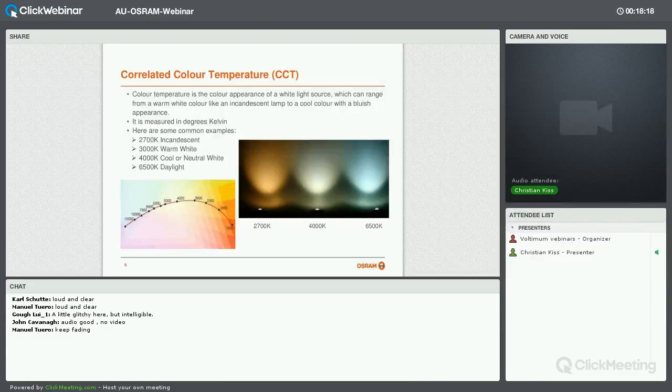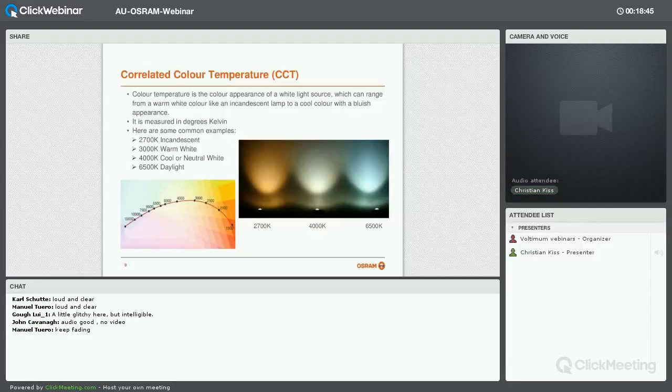Moving on to other lighting terminologies, correlated color temperature, sometimes abbreviated as CCT, basically is the appearance of a white light source. So whether it's a warm color like an incandescent lamp, or a bluish white color like you often see in office lighting or in retail environments for the bright lighting effect.